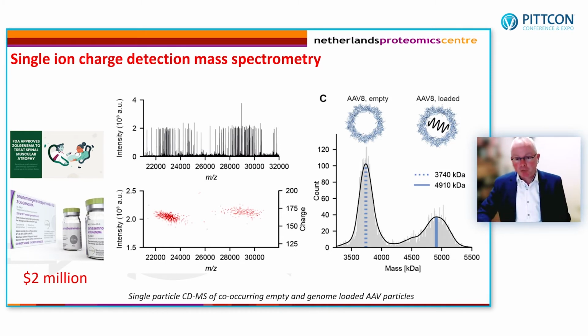A lot of the particles, ideally you would like them all to have the genome packed, but a lot of the particles don't have the genome packed. And even more so, some of the particles have not the proper genome packed. This is very difficult to analyze by any analytical technique, so we set out to see what we could do with charge detection mass spectrometry.